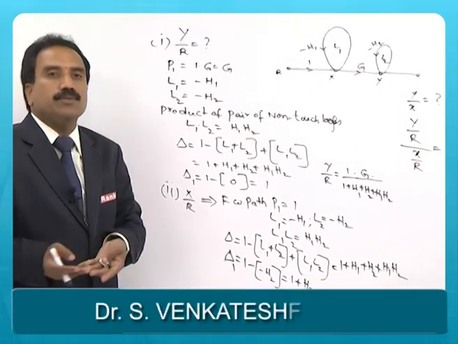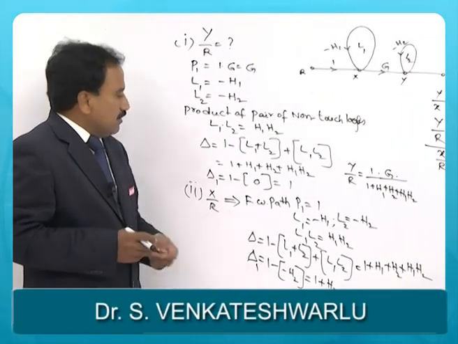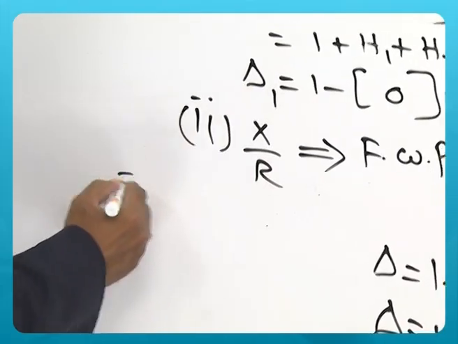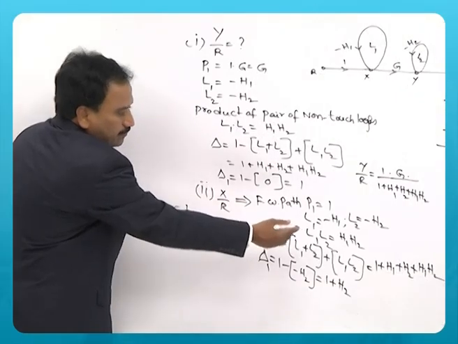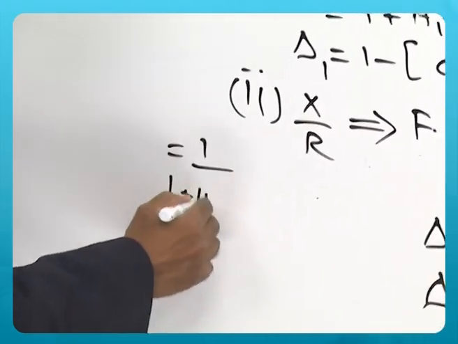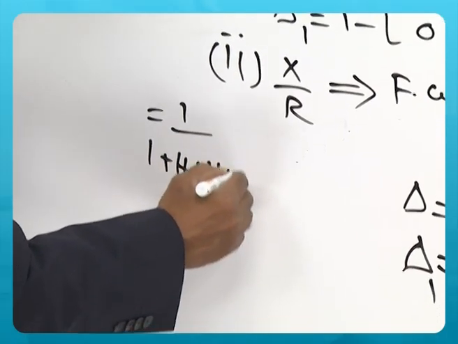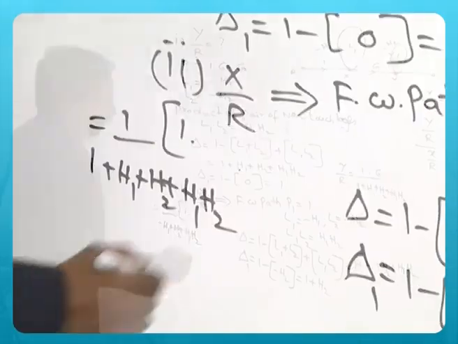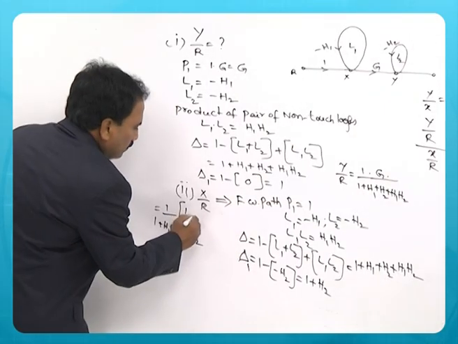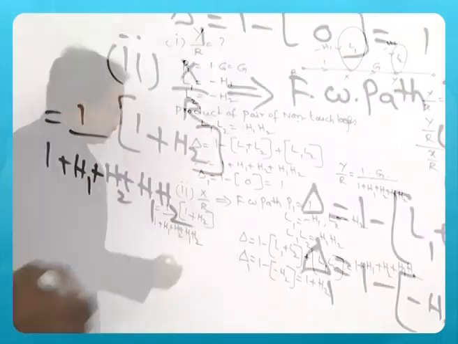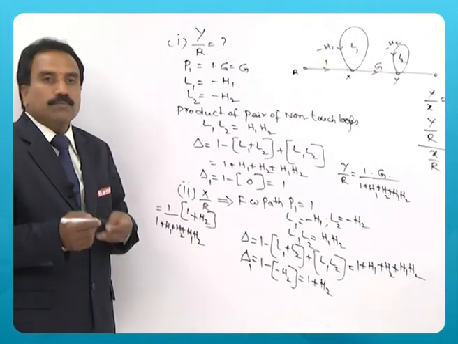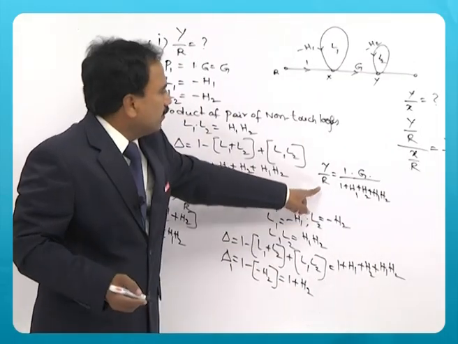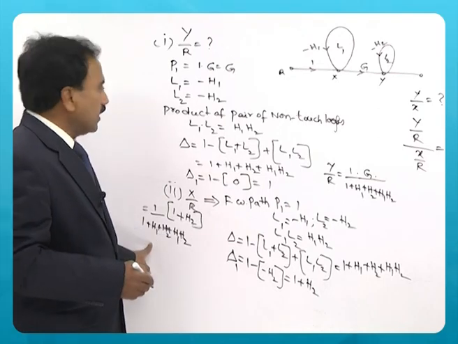Now you need to substitute this in Mason's gain formula. So x by r is equal to 1 by delta, that is 1 plus H1 plus H2 plus H1 H2, into P1. P1 is simply 1, but delta 1 is 1 plus H2. Now simply to get y by x, you need to divide y by r by x by r.